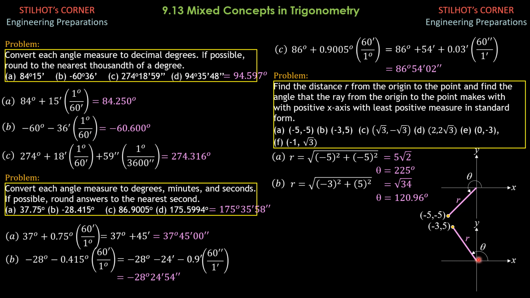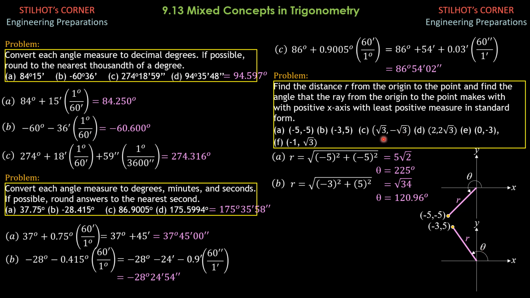If you have your calculator there, then subtract the result from 180 degrees. So this theta here is 180 degrees minus this angle here. So that's why 180 minus that angle is 120.96 degrees.